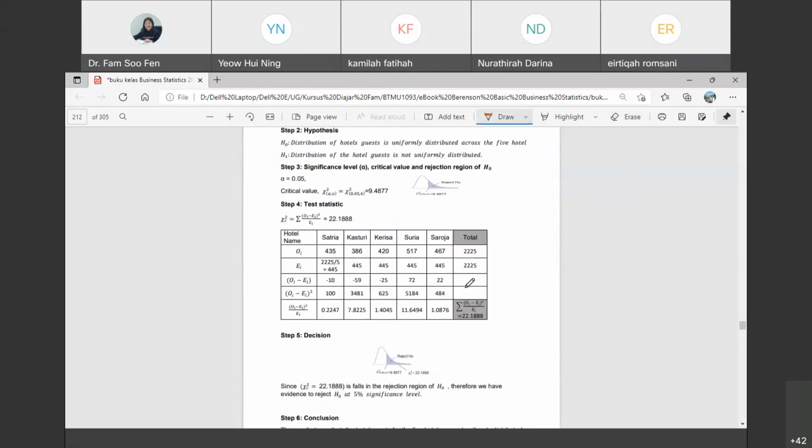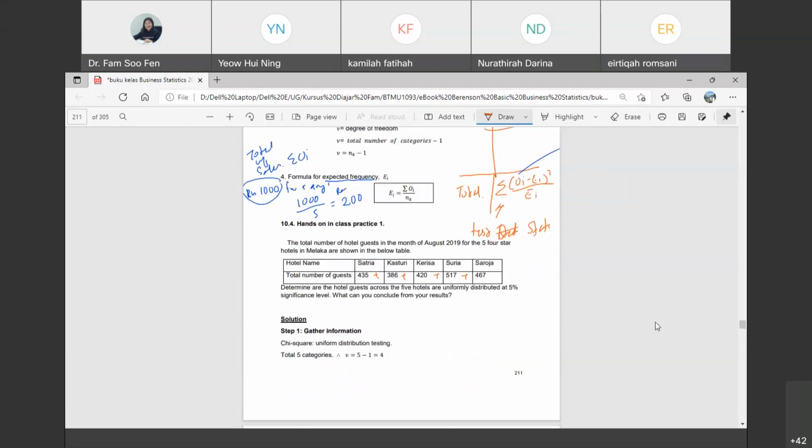When we add up all the number of guests, the total number of guests is 2225.